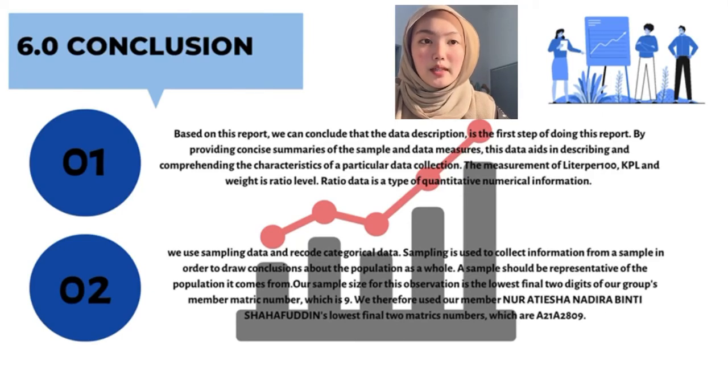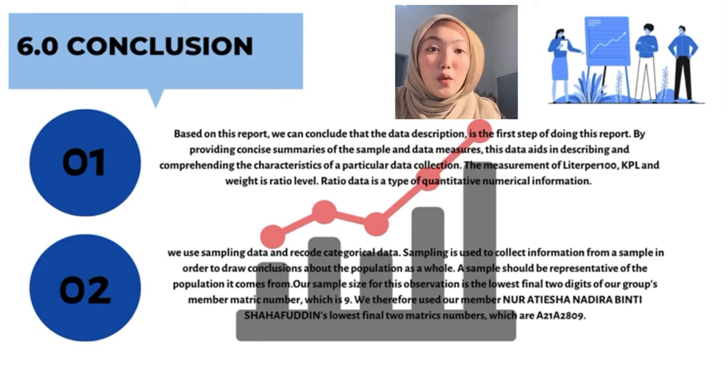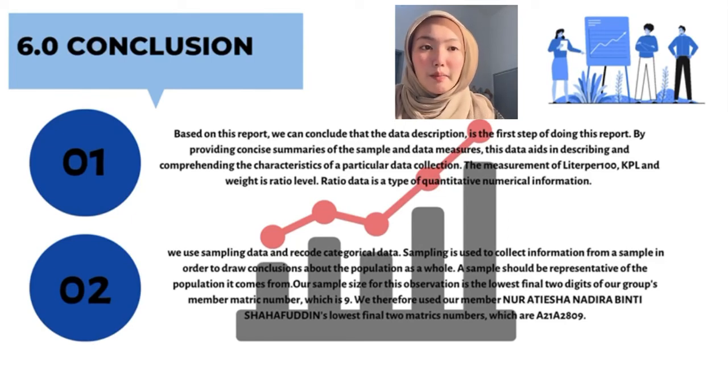Ratio data is a type of quantitative numerical information. We use sampling data and record categorical data. Sampling is used to collect information from a sample in order to draw conclusions about the population as a whole. A sample should be representative of the population it comes from.